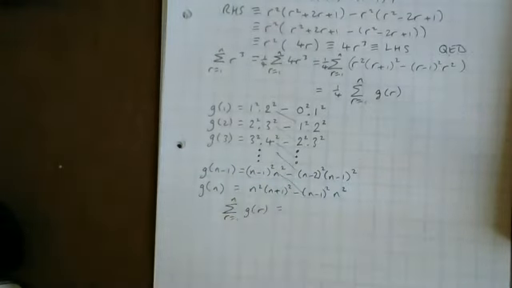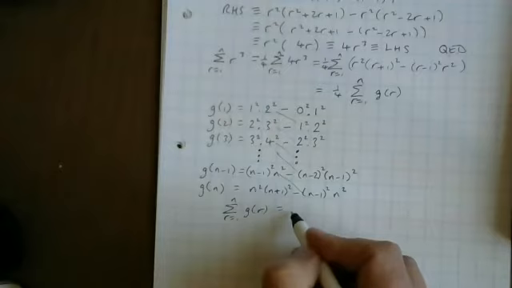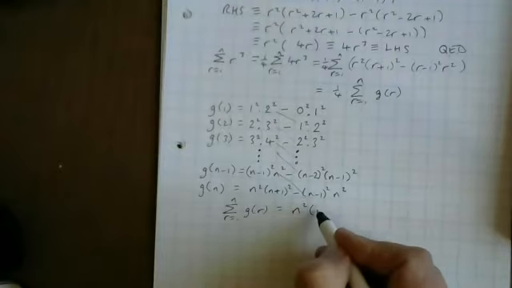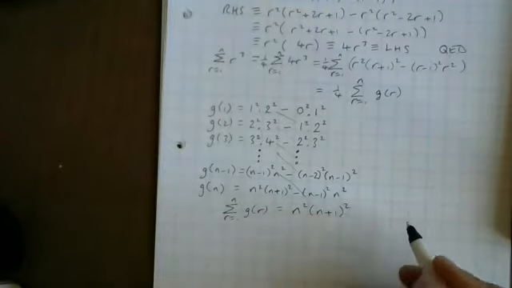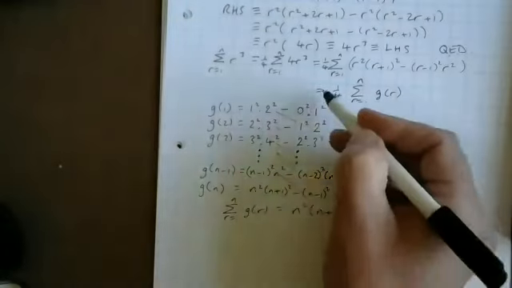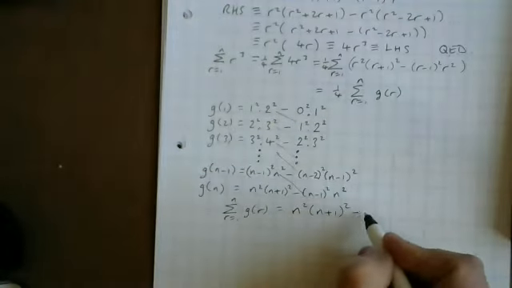These two are going to cancel, and I'm left with n squared times n plus 1 squared. The only one left up here, minus 0.